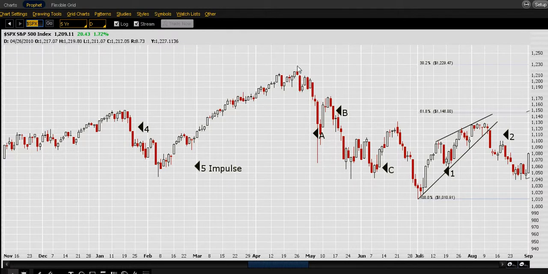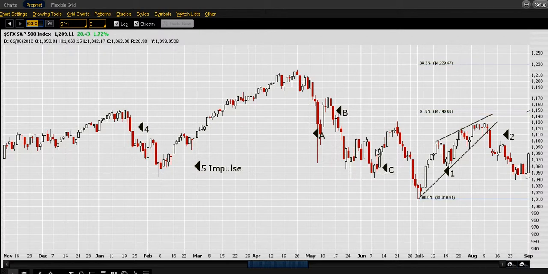This ends primary wave number 1, which means that we should have a primary correction. This was right before the flash crash last year. Wave A down, wave B up, counter trend. Wave C does the most damage, and wave C finally ends there we go.